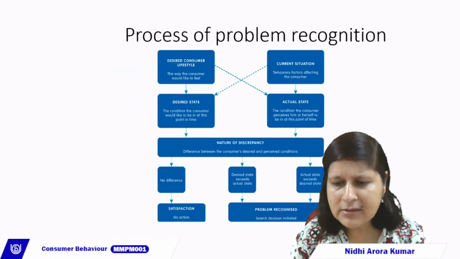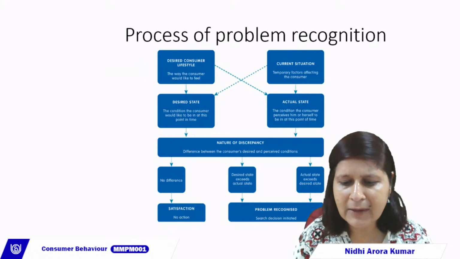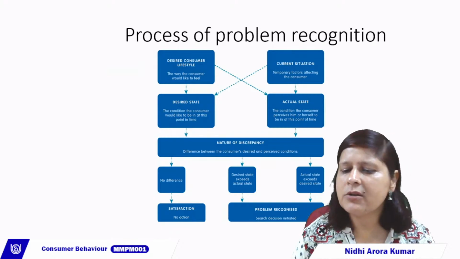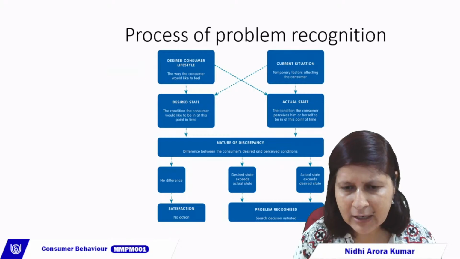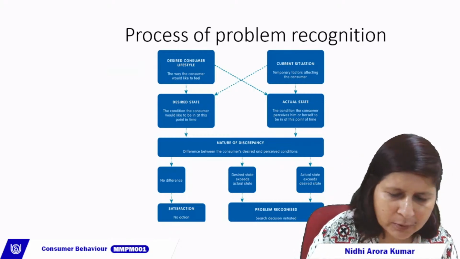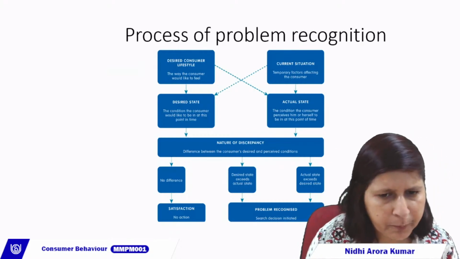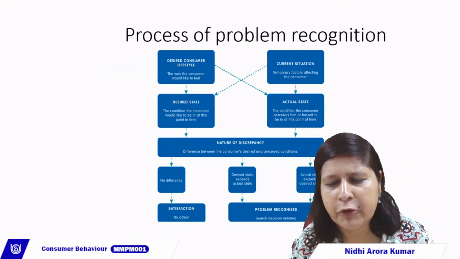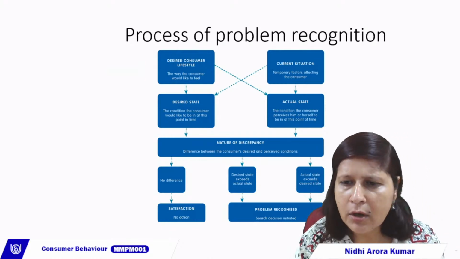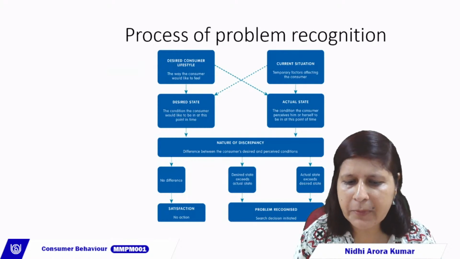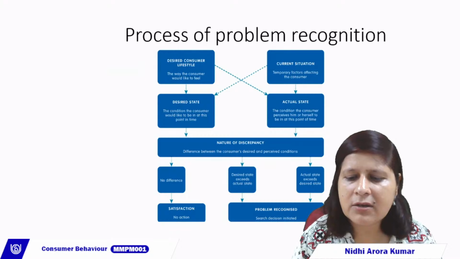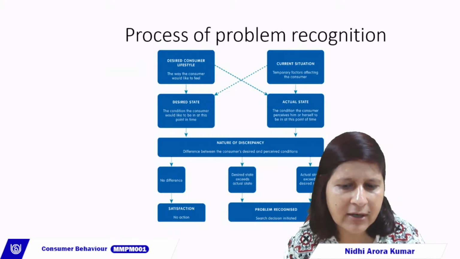And this leads to the nature of discrepancy, that is, the difference between the consumer's desired and perceived conditions. I would like to buy X product but cannot afford it, but can afford Y product, but I don't want to buy that Y product.